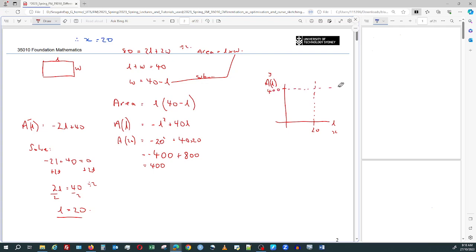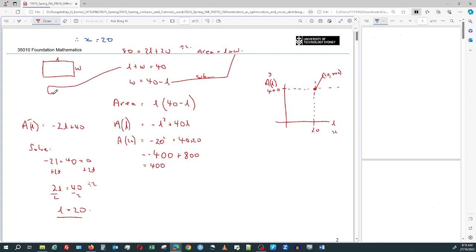So we know that that point is 400, and 400 is just the place where you get A dash equals 0. Now, that's not the length, that's not the width, that's the area function. Okay, so to get the width, we've got to go back up here and solve this.